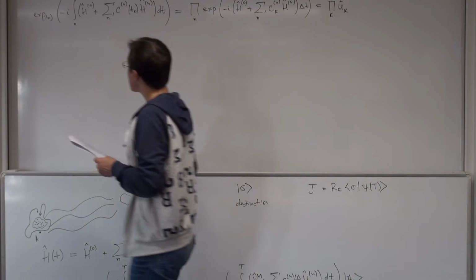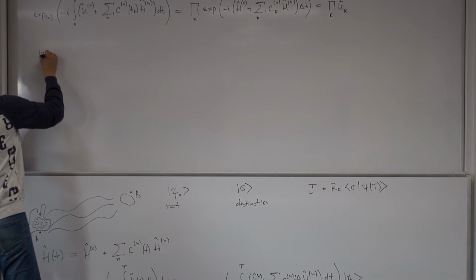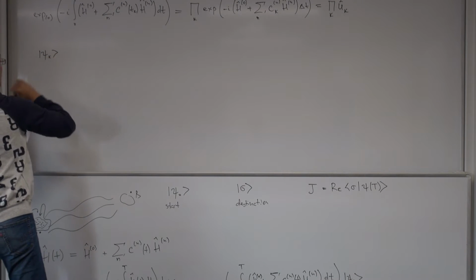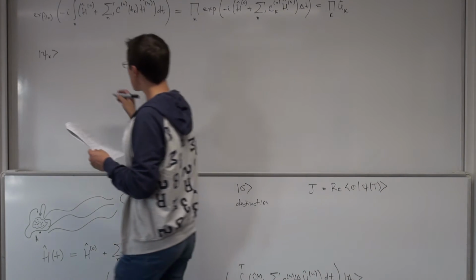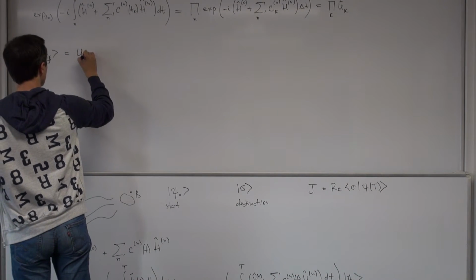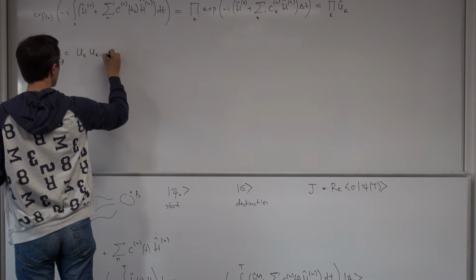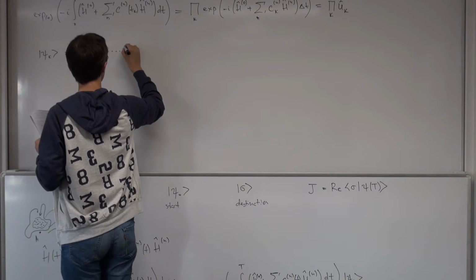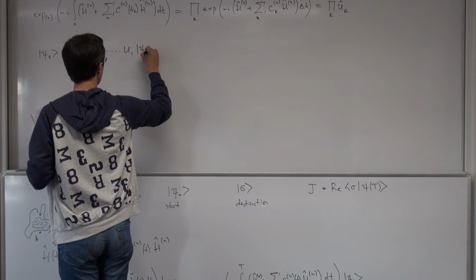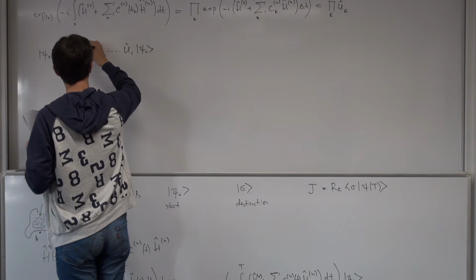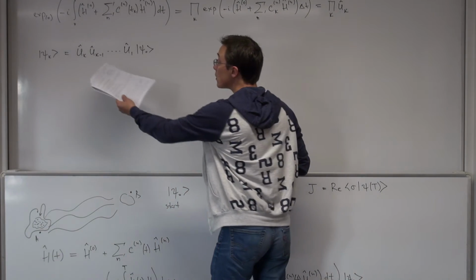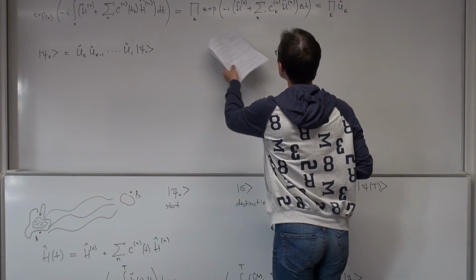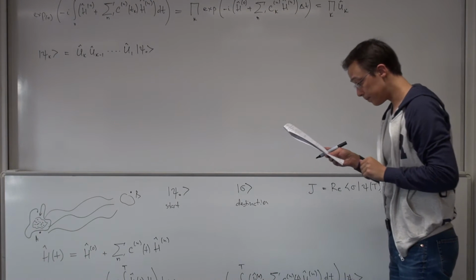So from this, our wave function at the kth time step becomes just a product U_k, U_k minus 1, and so on, U_1 psi 0, a bunch of these operators, where each individual U_k is this matrix exponential here.